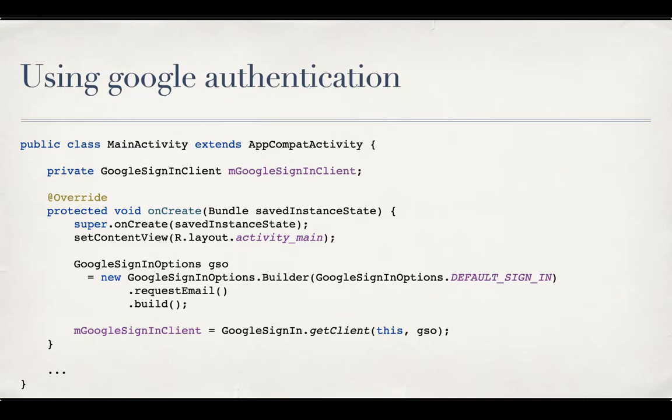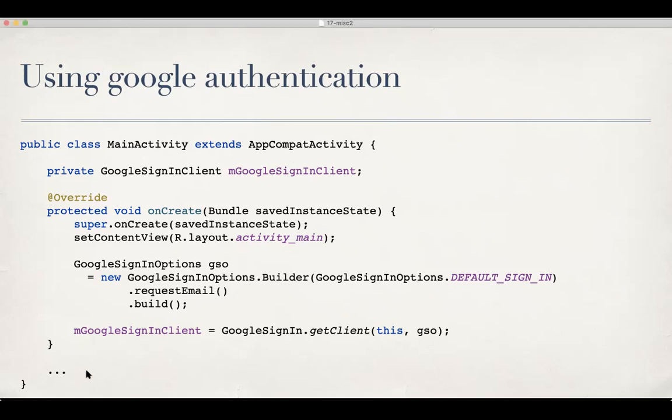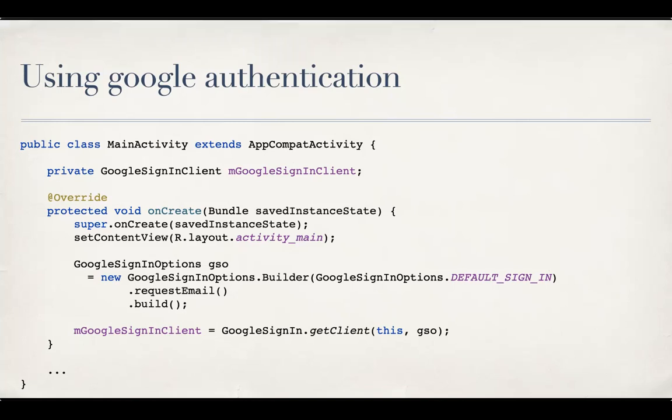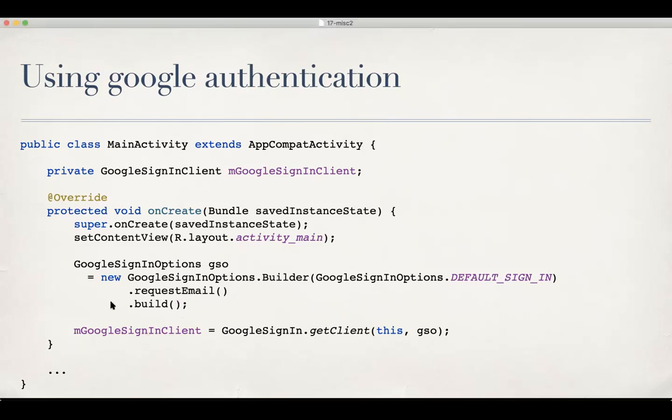So here it is saying we'll build the sign-in with default and will request the user email from that. If you don't request the user email, it will only give you the display name and of course the ID that is at the back end. If you request email, then you are able to grab the email of the user from the object that is created. So in this example, we request email and then we get the client with that GSO object.